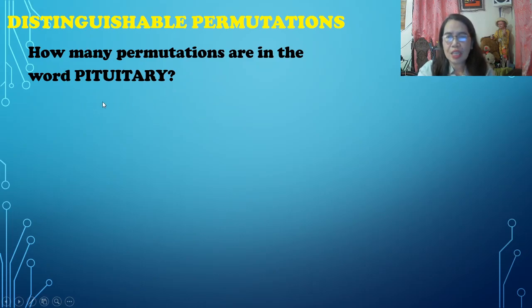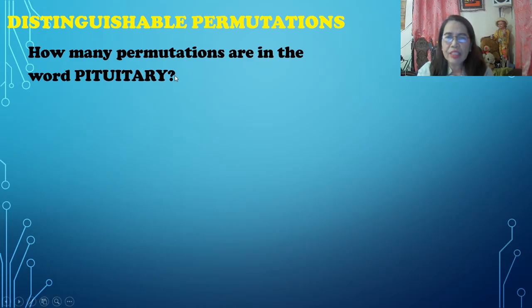So, kanina, ang ginamit nating word ay obesity. Compared to pituitary, notice that this is distinguishable because we can distinguish letters that are repeated. Diba? In the word pituitary, some letters are repeated.